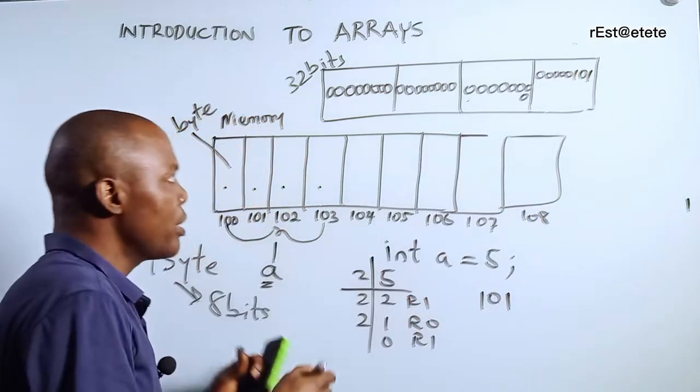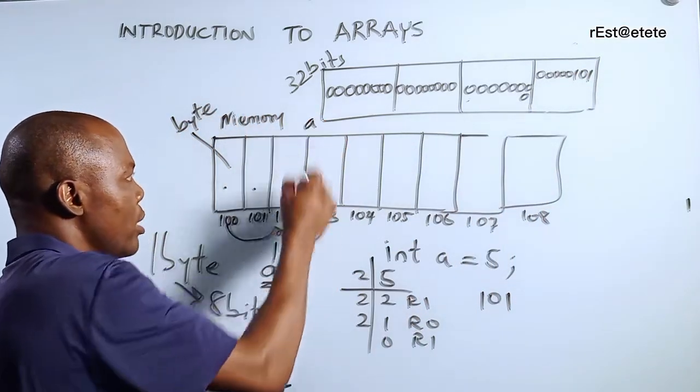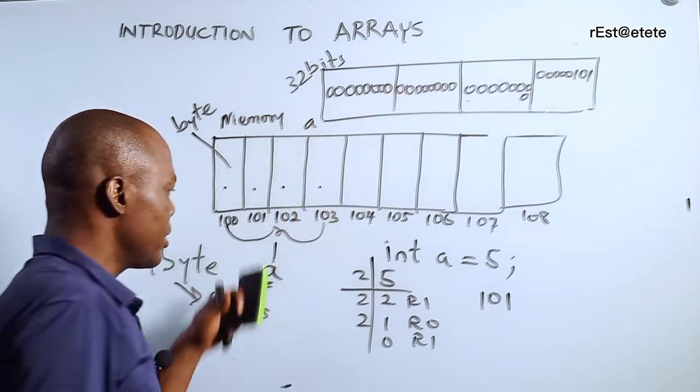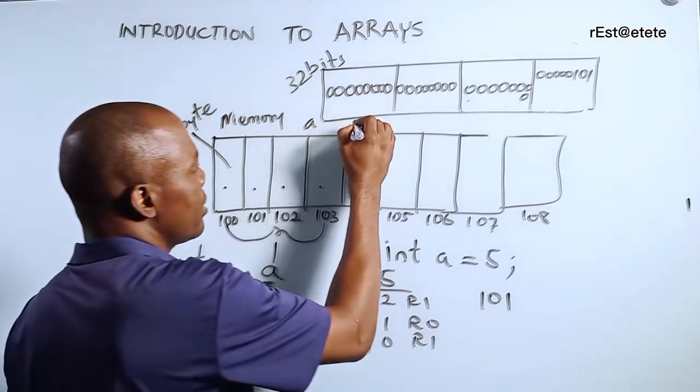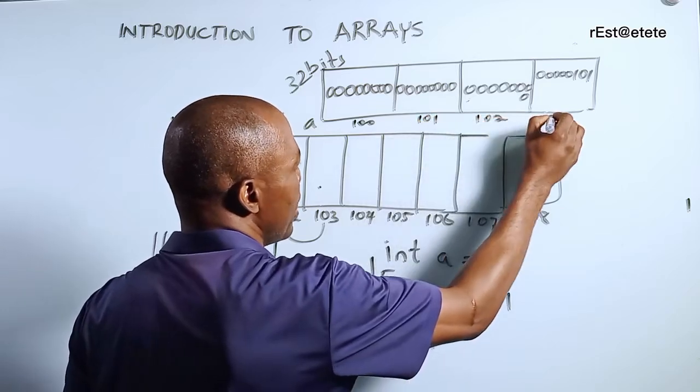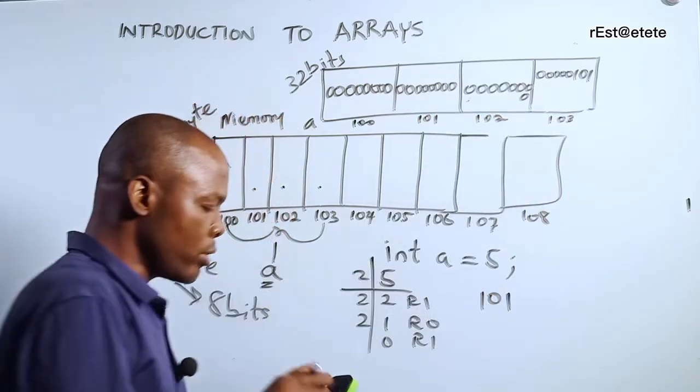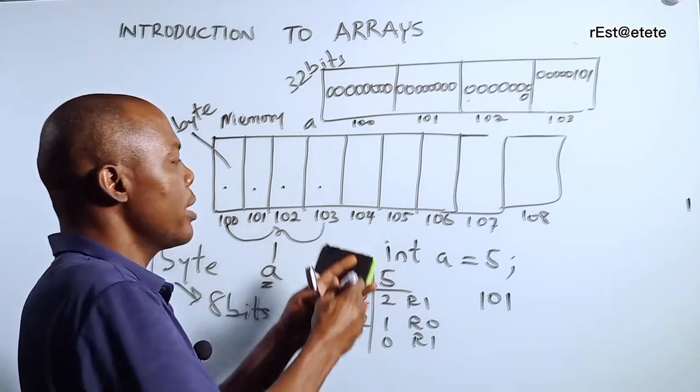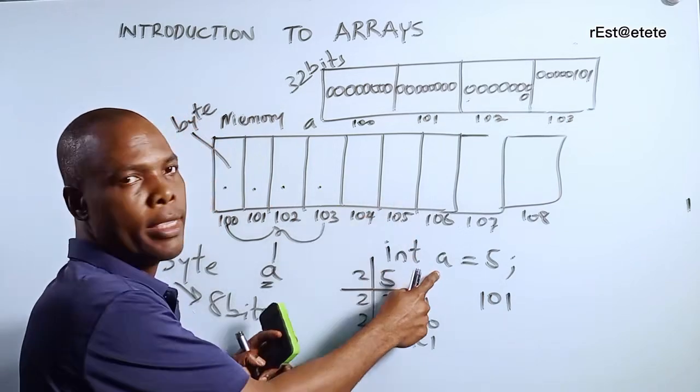So this is how it's going to be stored in memory. So the address is 100. Now this one is 101, this is 102, and then this one is 103.